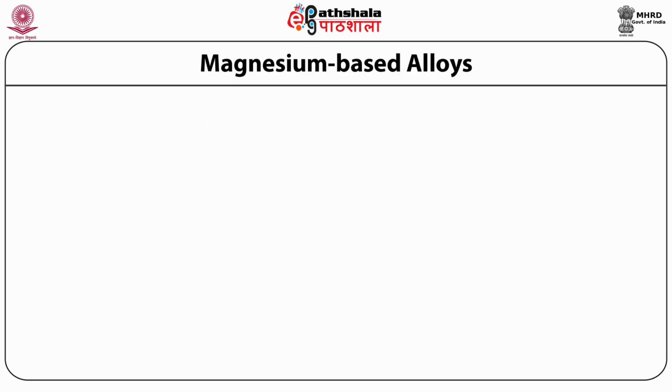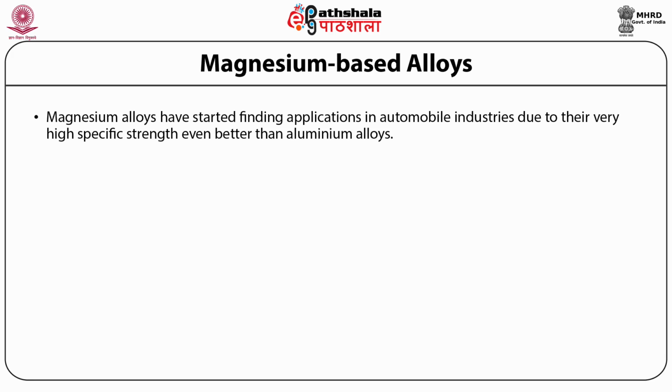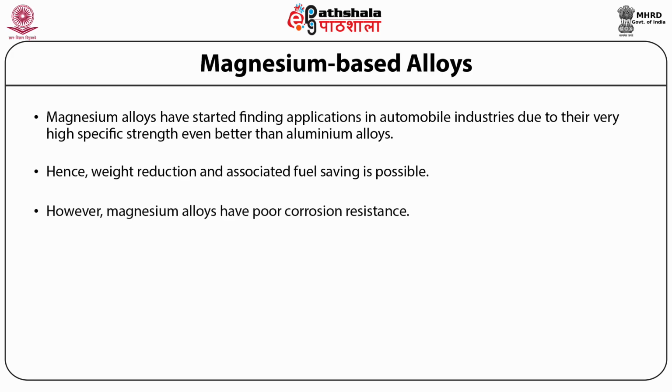Magnesium-based alloys. Magnesium alloys have started finding applications in automobile industries due to their very high specific strength, even better than aluminium alloys. Hence, weight reduction and associated fuel saving is possible. However, magnesium alloys have poor corrosion resistance.